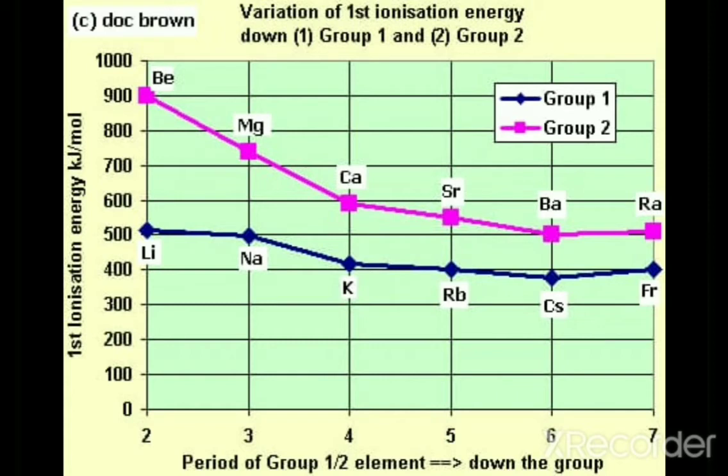Now consider the group 2 elements beryllium, magnesium, calcium, strontium, barium and radium. Here also we find that as we move down the group, ionization enthalpy decreases. It means it is comparatively easier to remove an electron from barium rather than from beryllium.